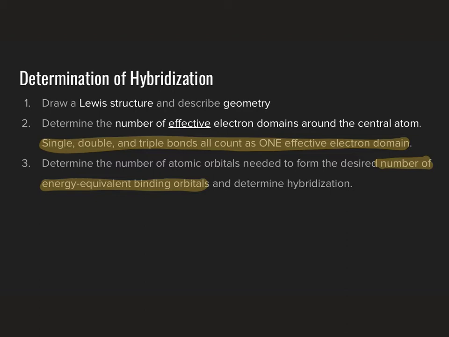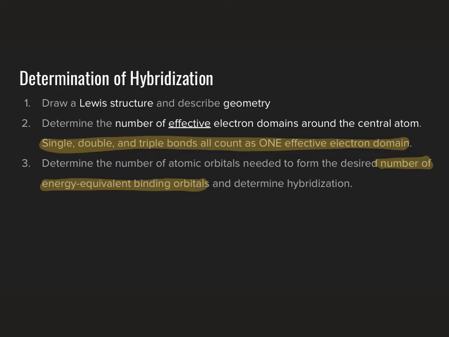So if we can imagine that we've got, say, 3 sigma bonds in our system, in order to make those 3 sigma bonds, we need to have those 3 sigma bonds be using energy equivalent electrons. So we're going to need to therefore count up the number of orbitals to make those number of sigma bonds, which would be 3, and we're going to use therefore 1 of the s and 2 of the p orbitals to make that hybridization.